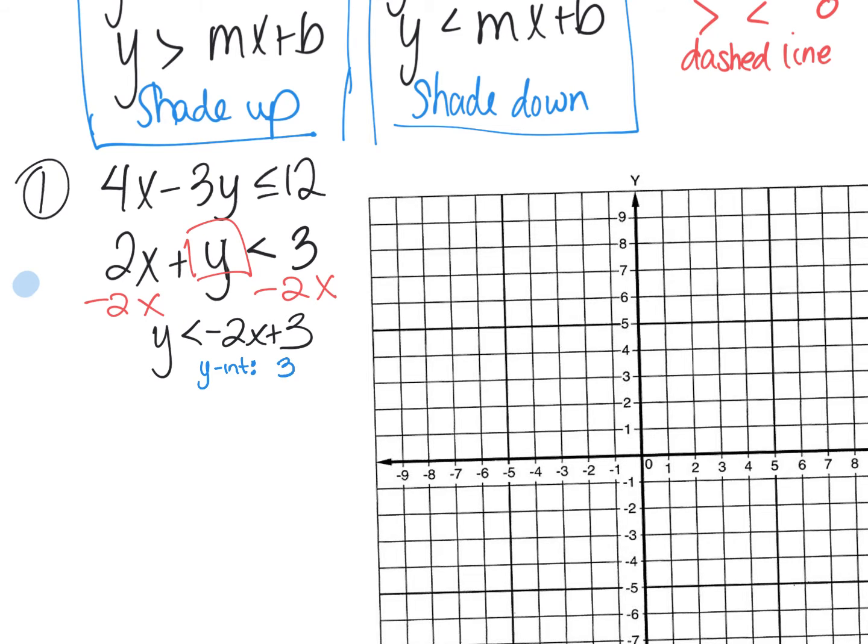Yes, positive 3, which is the point (0, 3). So I'm going to put that point on my graph. And what is my slope? Negative 2 over 1, which means I'm going to go down 2 and right 1. And then, so let me draw those points, down 2, right 1.